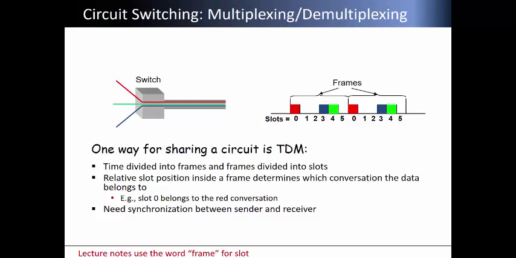So, for example, a green frame goes first, and then a blue frame, and then red frames. So, frame after frame flows through the circuit lines. That is the way that we do multiplexing and demultiplexing. Multiplexing means each different data can be multiplexed and then sent out.